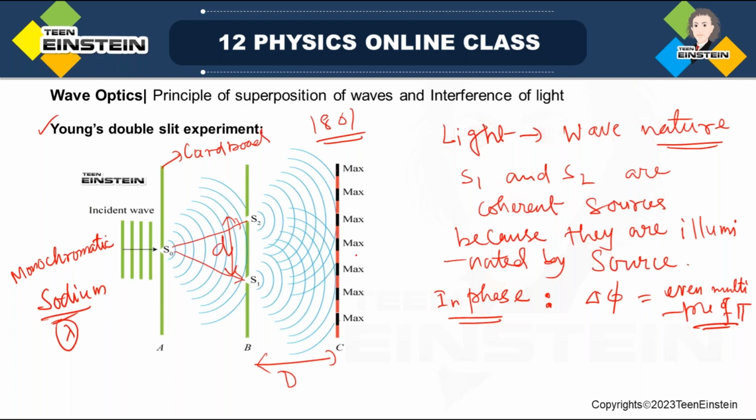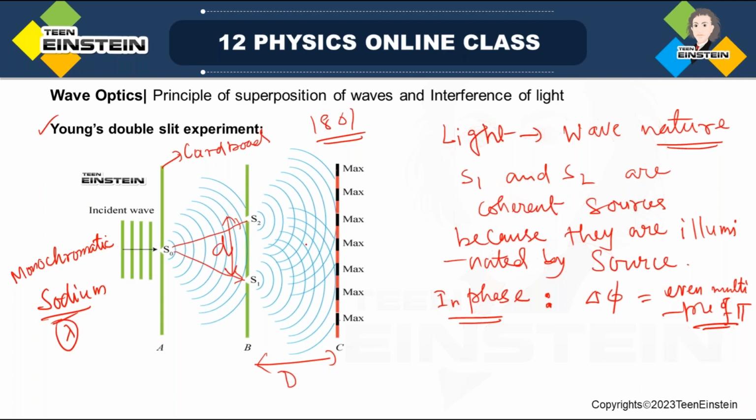I hope you have understood the explanation of the bright and dark fringes, and why this interference happens. In interference we see alternating dark and bright regions.